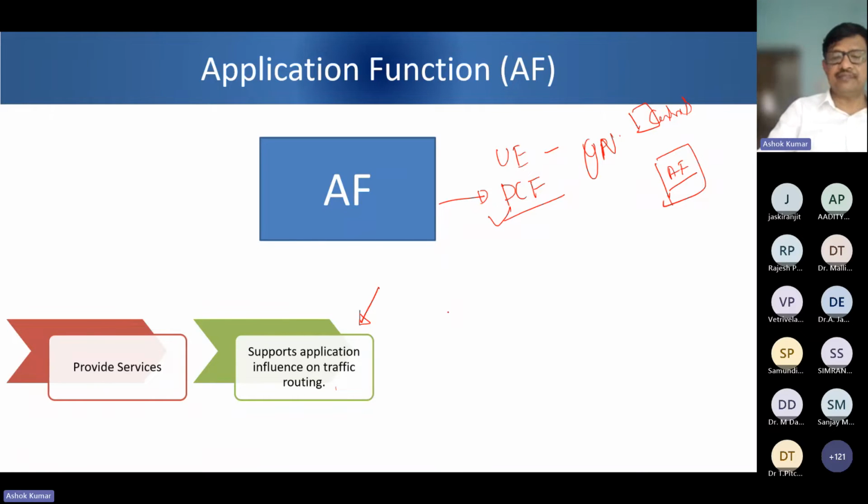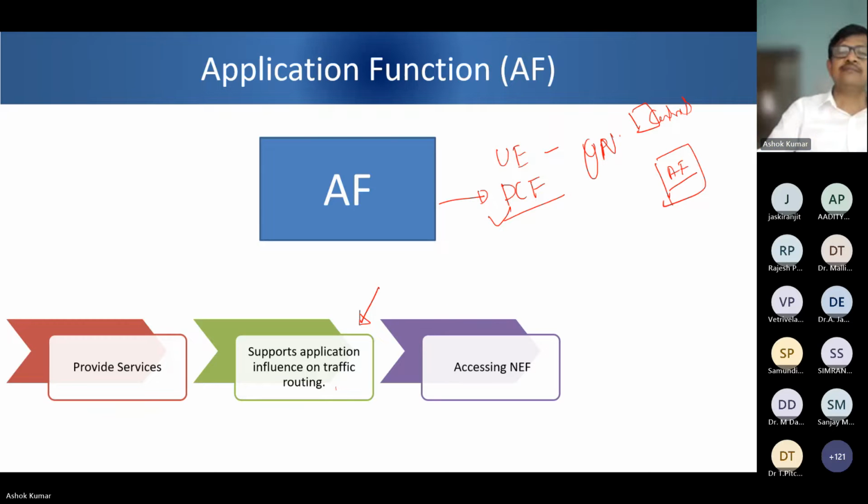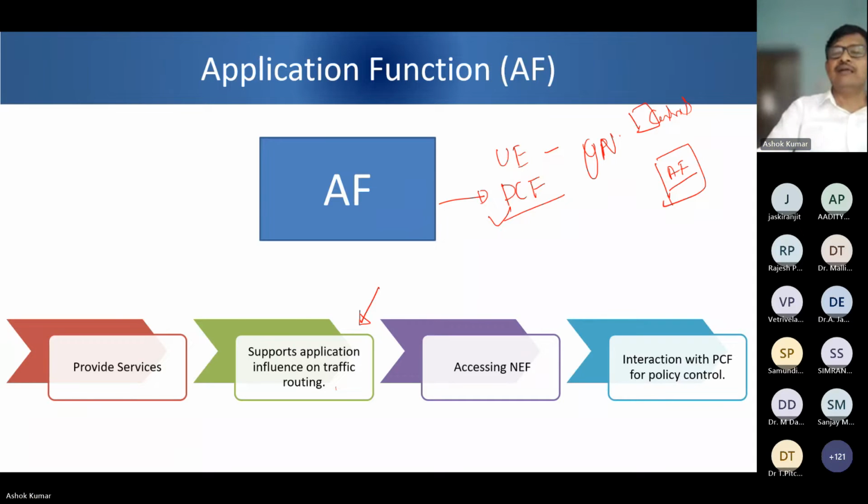That kind of environment is possible in 5G. And of course, through NEF, third-party applications access the 5G network, and it interacts with PCF for policy control. For example, the application function tells PCF what quality of service is required for a particular service it provides. So it has an interaction with the PCF also.